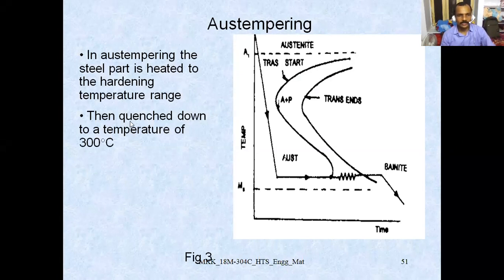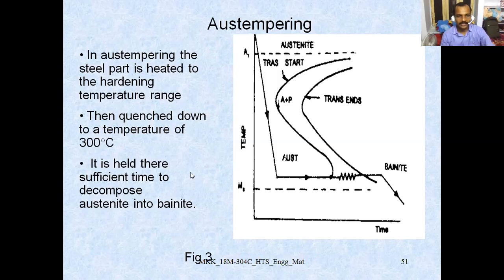After heating to the hardening temperature range, it is quenched down to a temperature of 300 degrees centigrade and held there for sufficient time to decompose austenite into bainite. So austenite decomposes to bainite after waiting for a particular time.